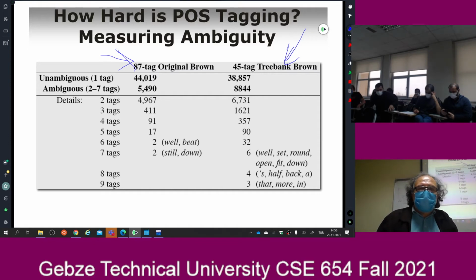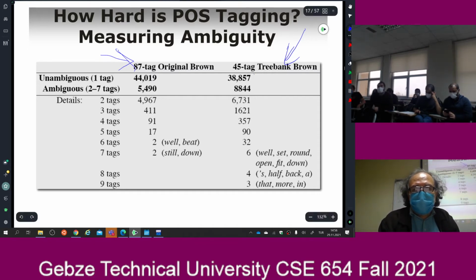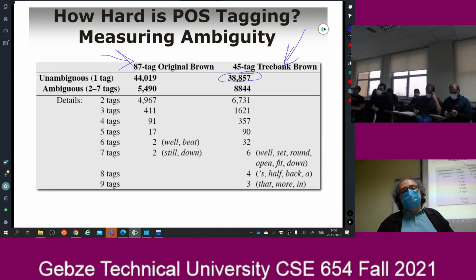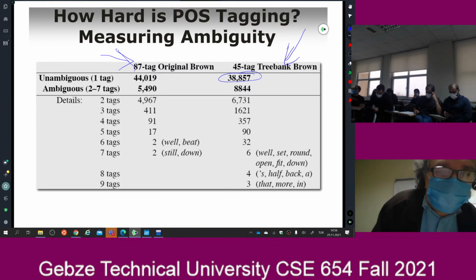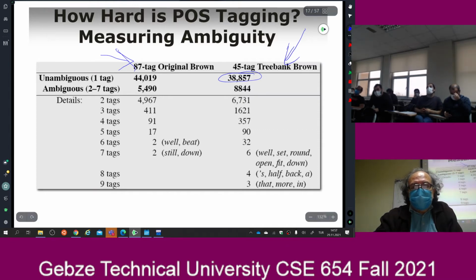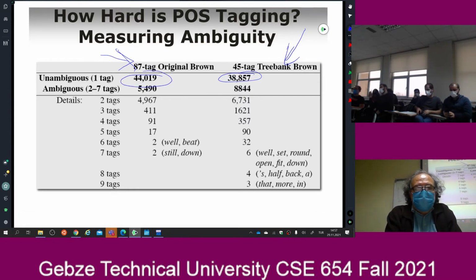Out of 50,000, 38,000 of them don't have any ambiguity; their tags are known for the Treebank. For the original 87 tag set, 44,000 of them have only one tag.